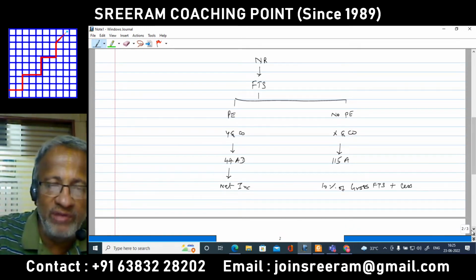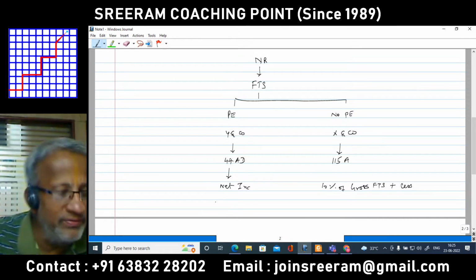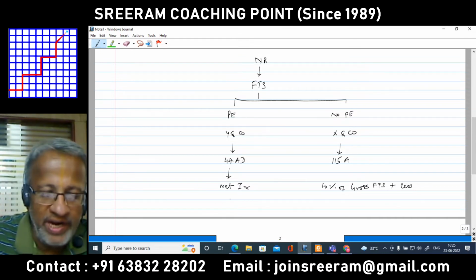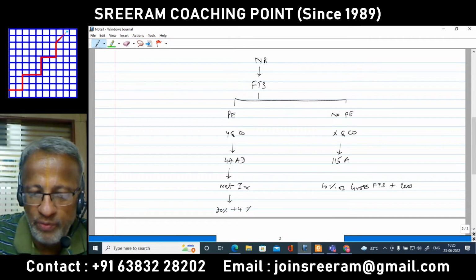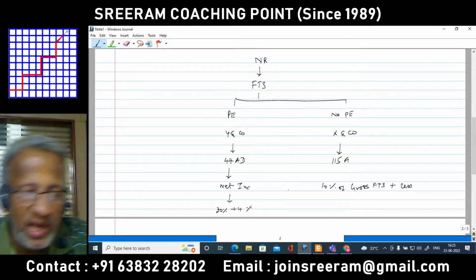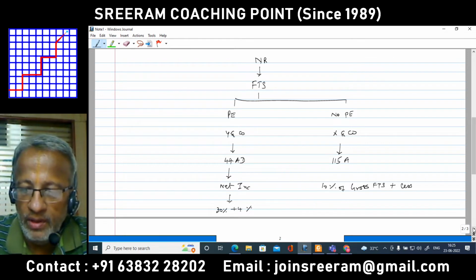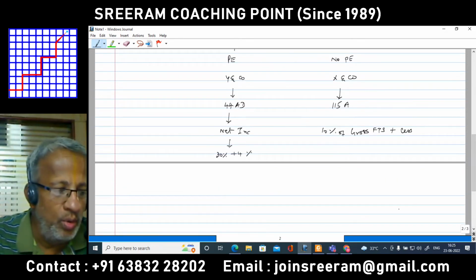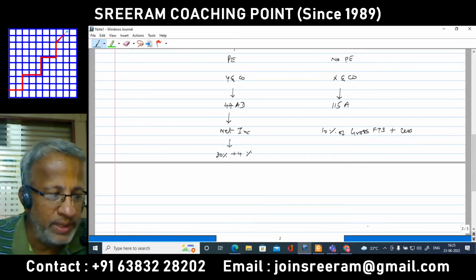Whereas in the case of an establishment, where they have one, the rate of taxation is 30% plus 4% cess. 30% because they are basically firms. Then what is the basis on which we are expected to apply?